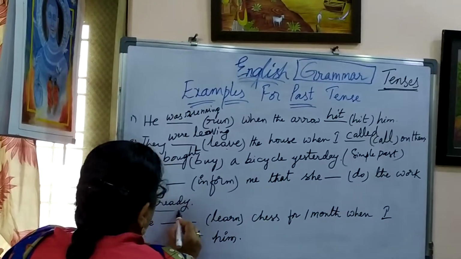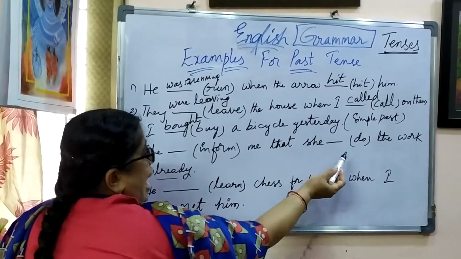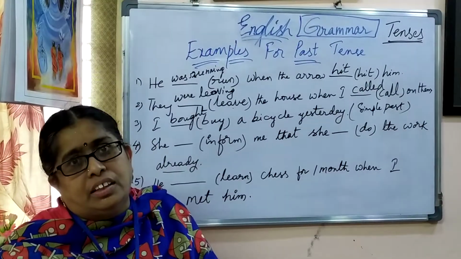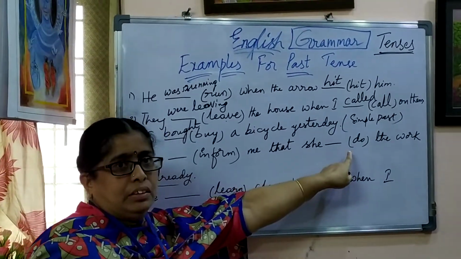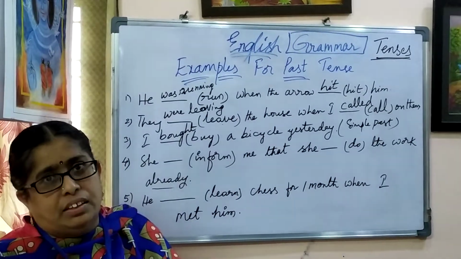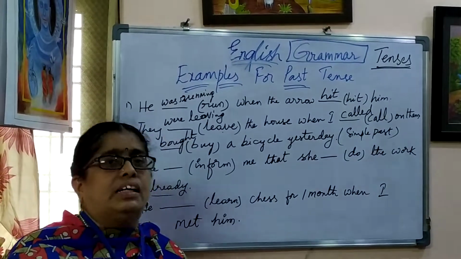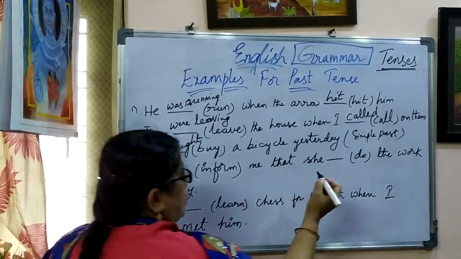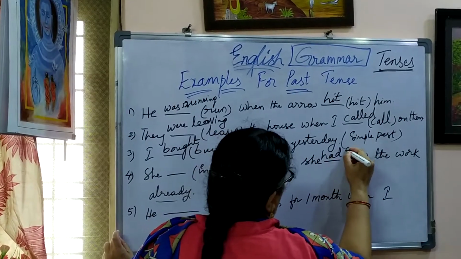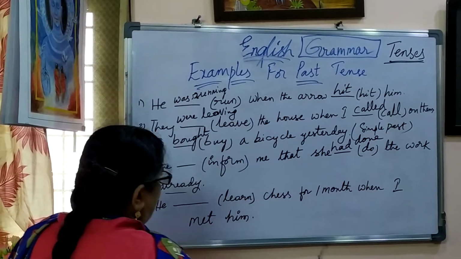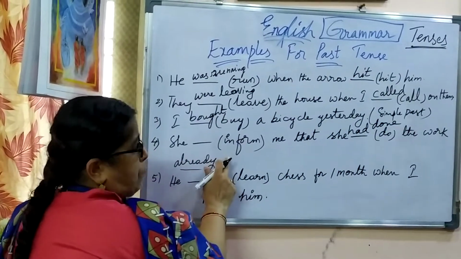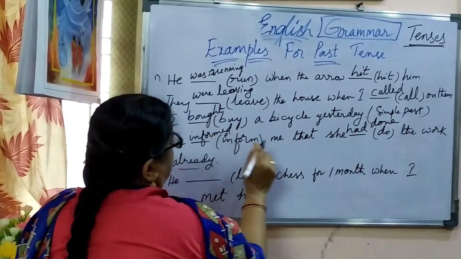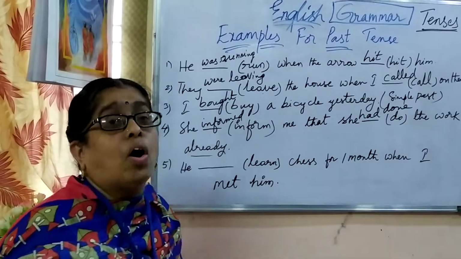The word already shows that the action of doing the work was completed earlier in the past. That's why, as we learned, for the action which completed earlier we use past perfect: she had done the work already. And here we use simple past: she informed.